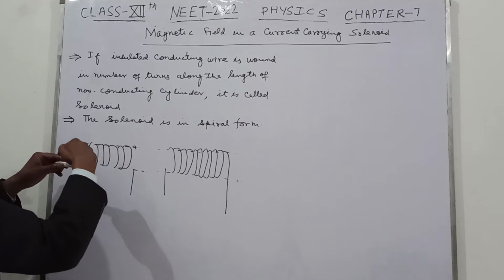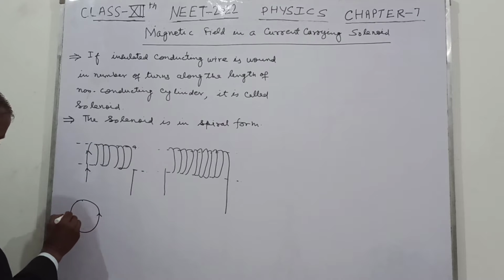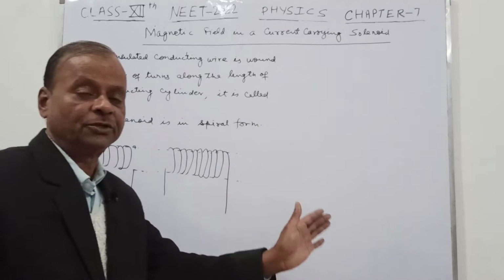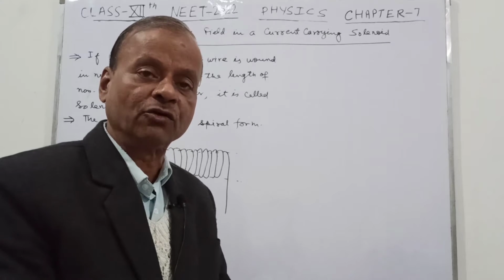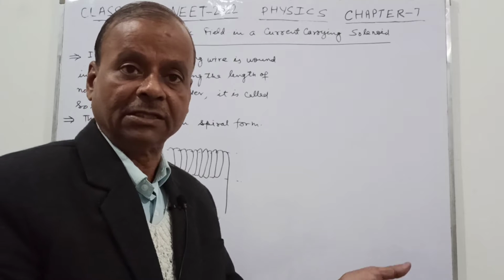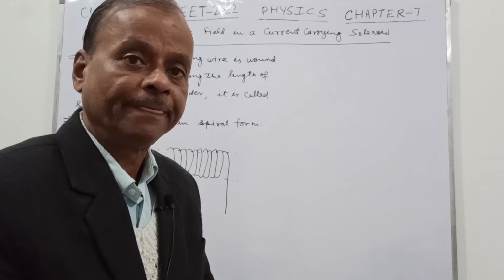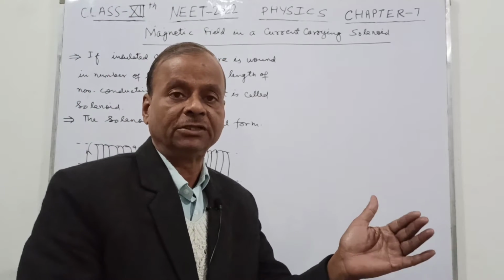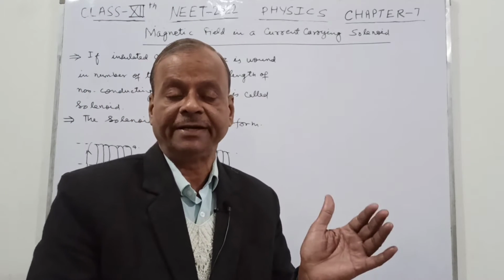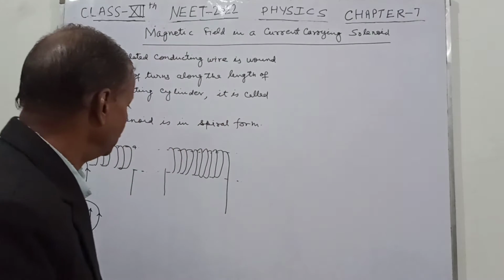This is now anti-clockwise. Then this is now the north pole. If the current at the end of the solenoid appears to be anti-clockwise, then this will be the north pole. Then definitely the other end of the solenoid will be the south pole. If at one end of the coil of the solenoid the current appears to be clockwise, then this will be the south pole.